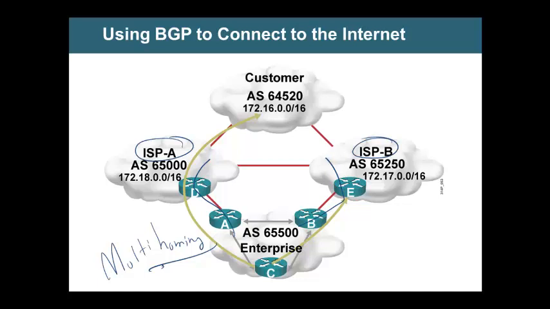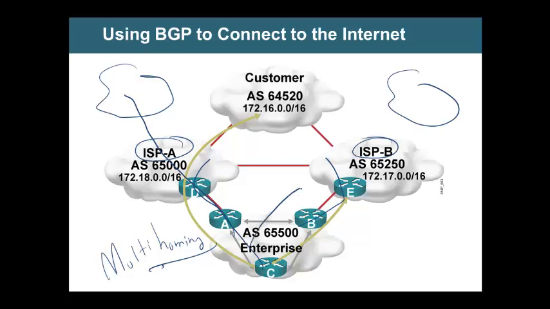How? See, you may have customers worldwide. If you go via ISP A, you can easily reach these customers. If you go via ISP B, you can reach this customer easily, the shortest path. So if you have multi-homing, you can take a better path.